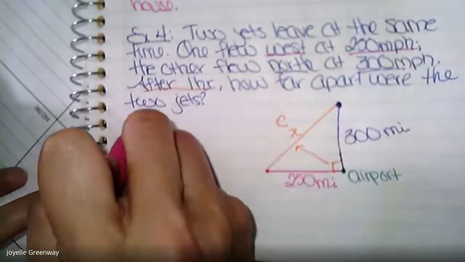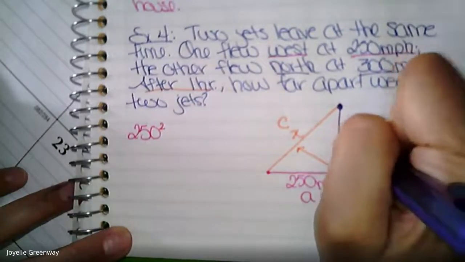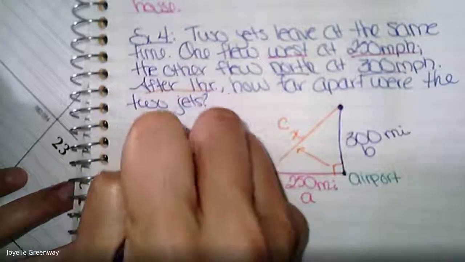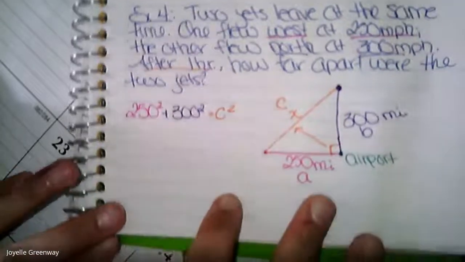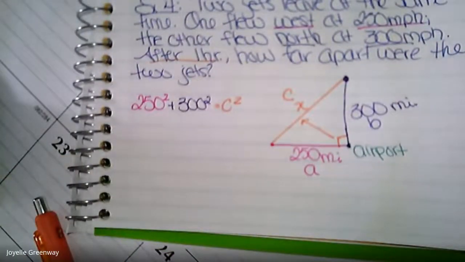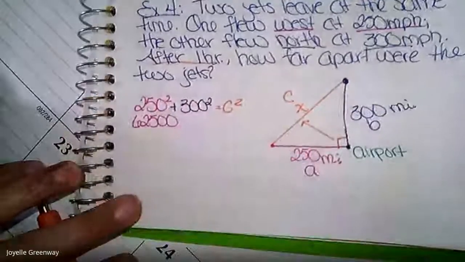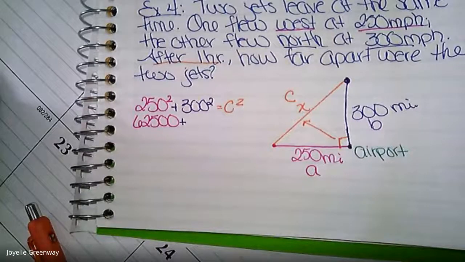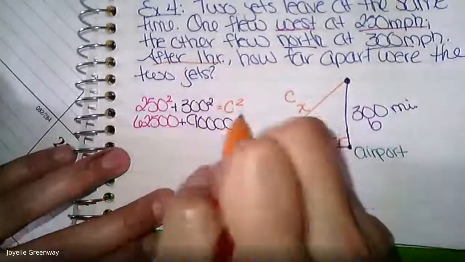I have A squared, so 250 squared. I'm going to call this A and this B. So 250 squared plus 300 squared equals C squared. 250 squared is 62,500 plus 90,000 equals C squared.